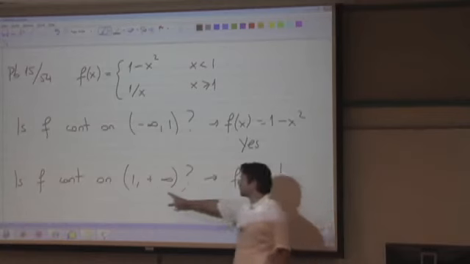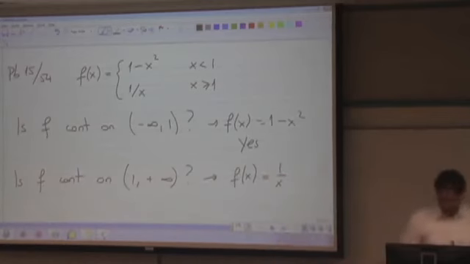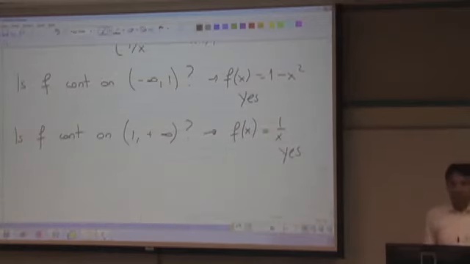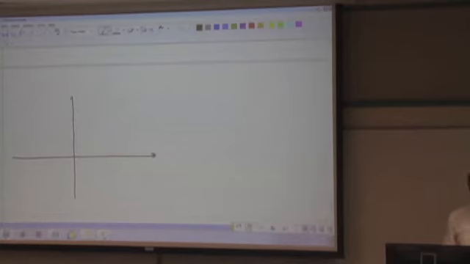Well, clearly this interval is outside of 0, right? So, yes. Does this make sense? If you don't believe me, let's think about the graph. What is the graph of 1 minus x squared?